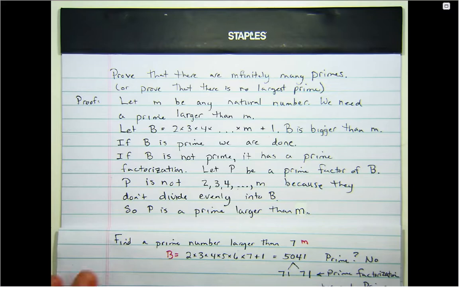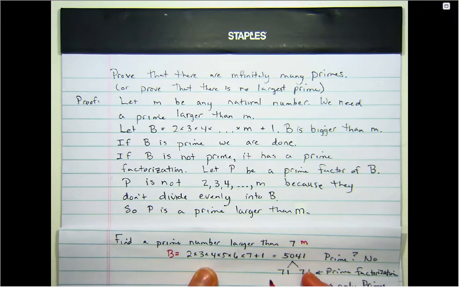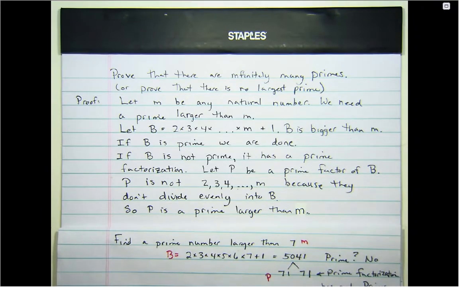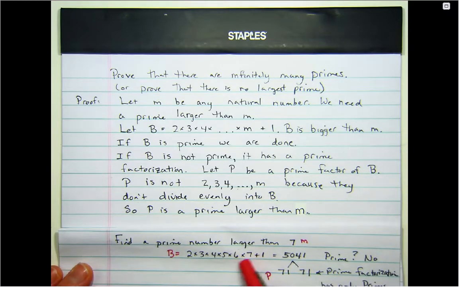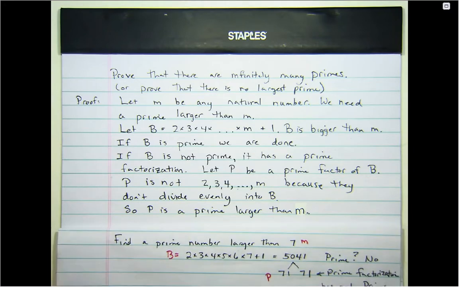Our big number was either prime or not prime. In this case, it was not prime. So in the prime factorization, we have these numbers that in our proof we call P, 71. So P is a prime factor of our big number, but it's not in our list here because these numbers do not divide evenly into 5041, but the prime factors of 5041 divide evenly.